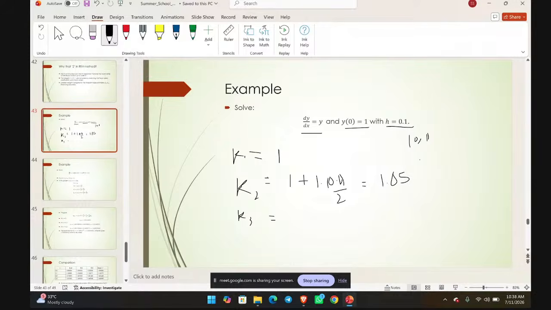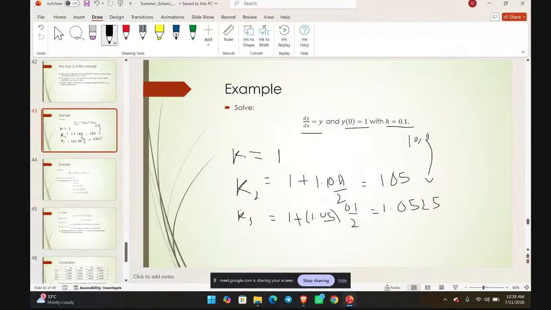So we again take half a step from the starting point to another point using the previous slope K2, which is y0 plus K2, which is 1.05, into 0.1 divided by 2. It turns out to be 1.0525.